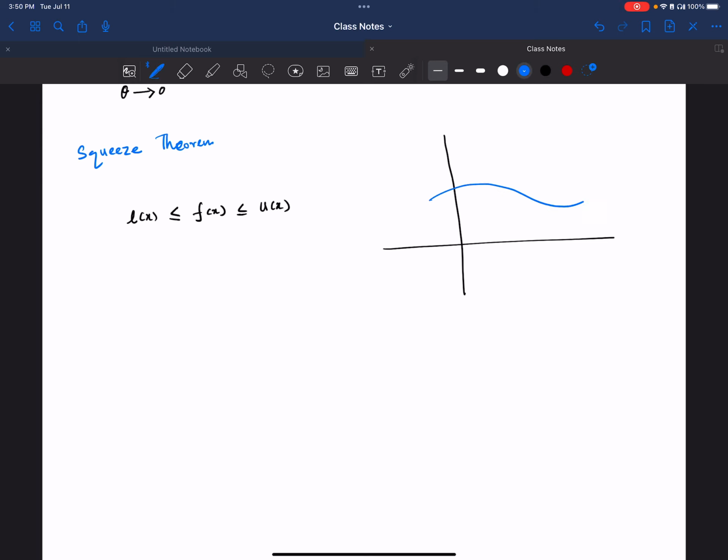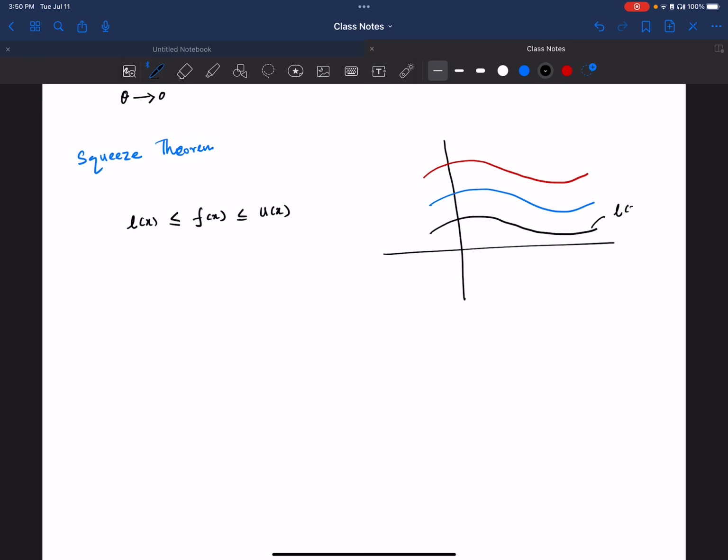Let's say this is f of x, and then you have L of x, and then you have U of x. Sorry, this is L of x, this is f of x, and this is U of x.